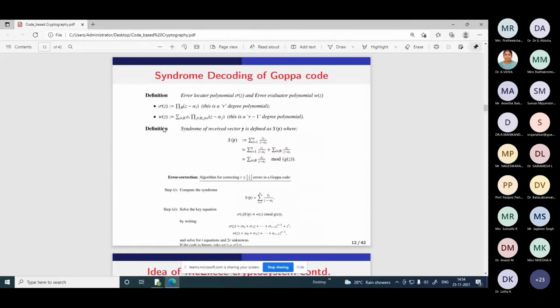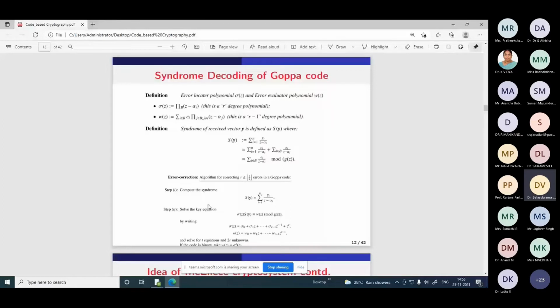When you know P and Q, you can find N. N is nothing but P times Q. But when you know N, can you compute P and Q? Can you write the factors? A person who knows only N cannot write the factors P and Q. But the person who knows P and Q, he alone has computed N, so he will write N equals PQ, right? The same thing we are using here.